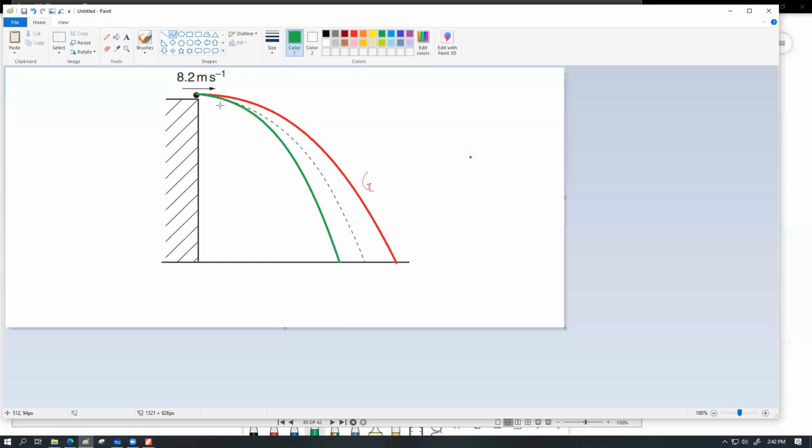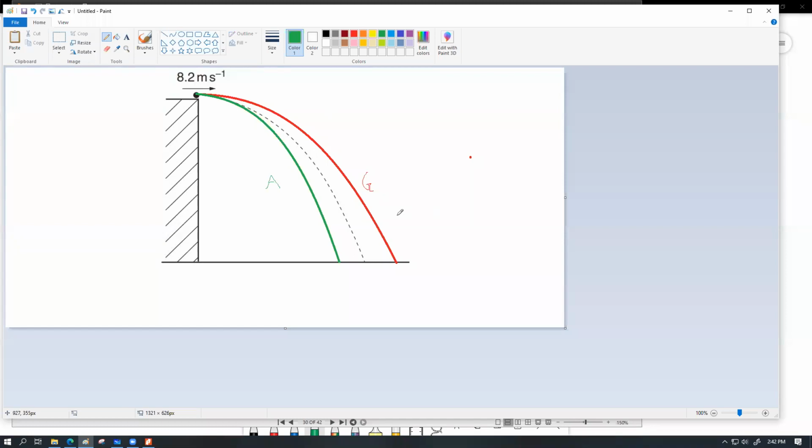Number one, G would be altogether on the right side of the dotted line, and A would be altogether on the left side of the dotted line. A would land at a closer distance, G would land at a further distance. Both the curves would be horizontal at the beginning. These are the observation points. How well you draw the curve is not a big deal, because you're not plotting the points. You're hand drawing the shape of the curve, so you will not be marked on this.